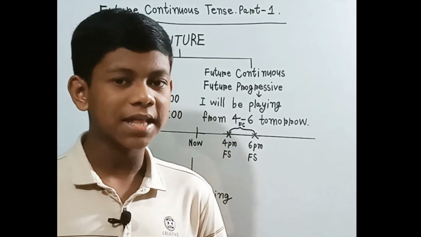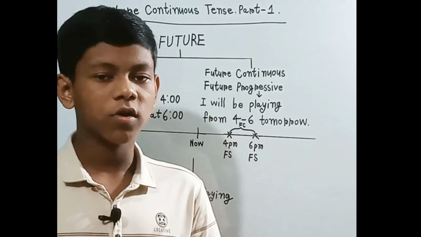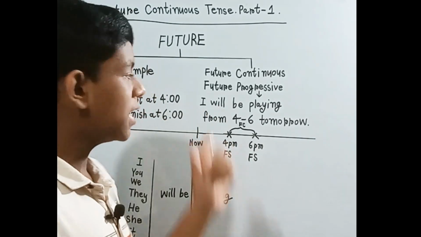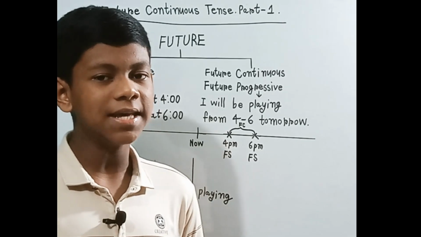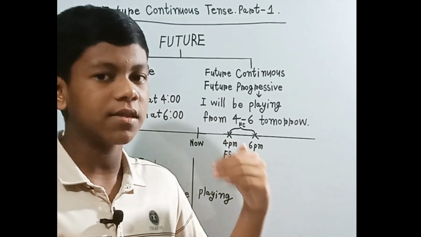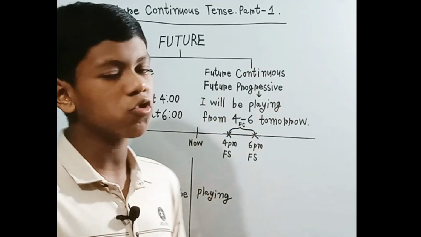So here we can get two ways to understand the future continuous. One is that it indicates the future, and the second is that it indicates some tasks are still working in the future, which is called future continuous.